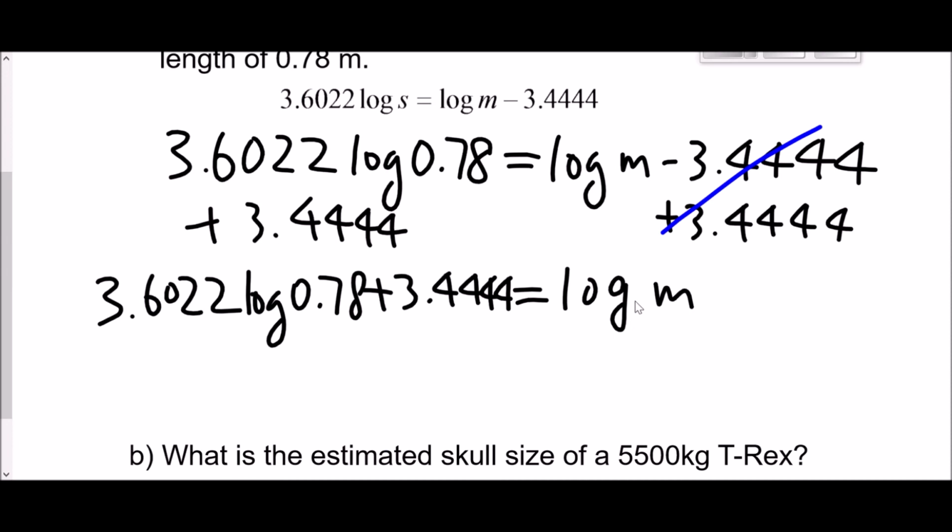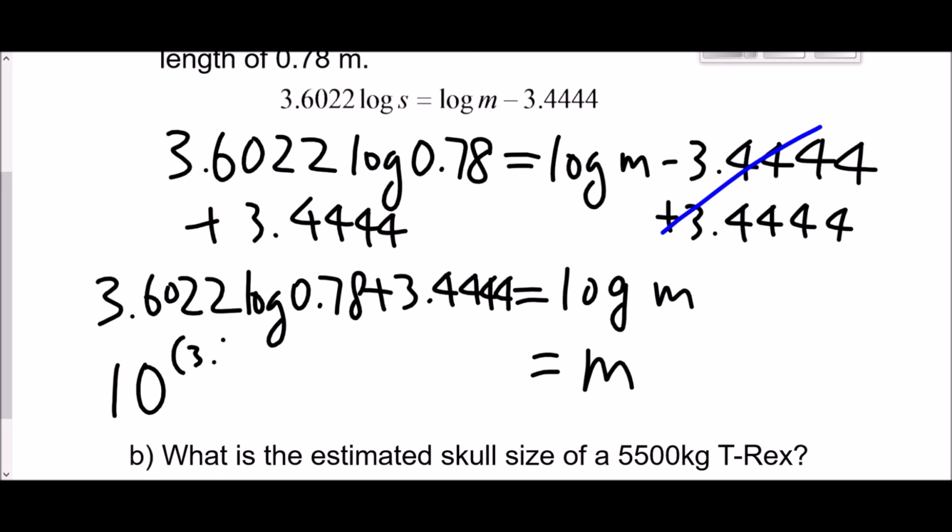There's a base here, which is base 10, the normal log. So you move the base up here. In that case, you can get rid of the log, so it's just M here, and then you have this big exponent. The base 10 for the log is now the base of the exponent.